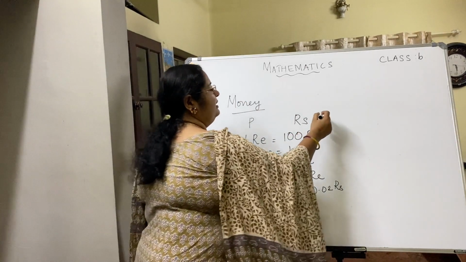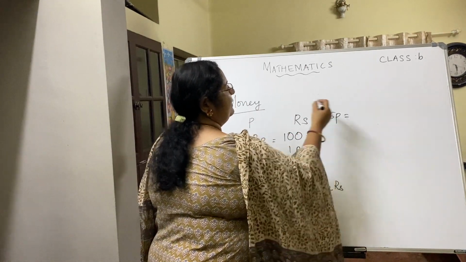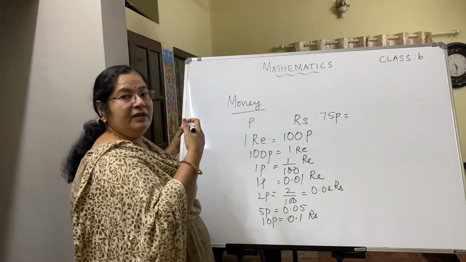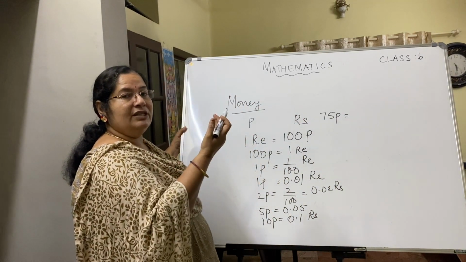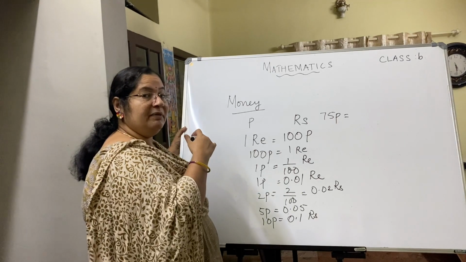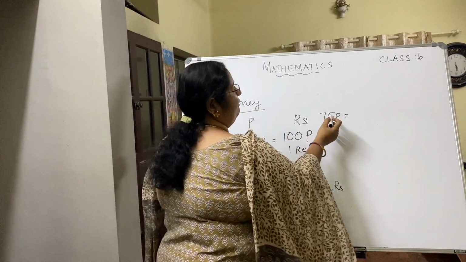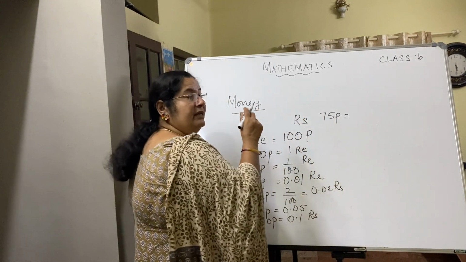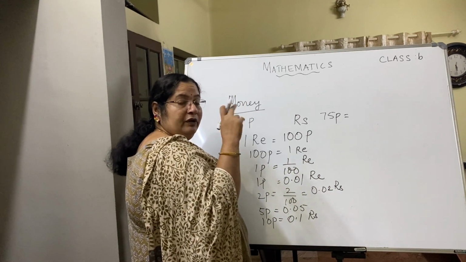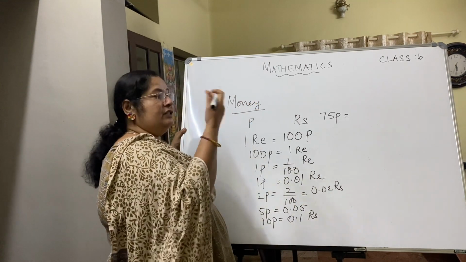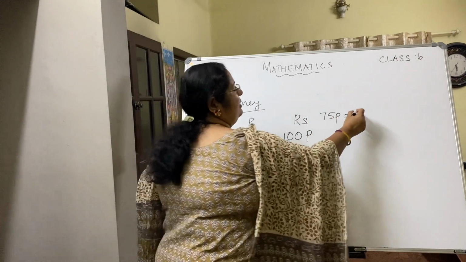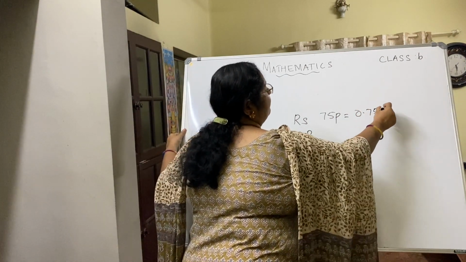So what will be 75 paise? 75 is 75.0 when you take it as a decimal. Shifting 2 places towards the left, it will be 0.75 rupees.